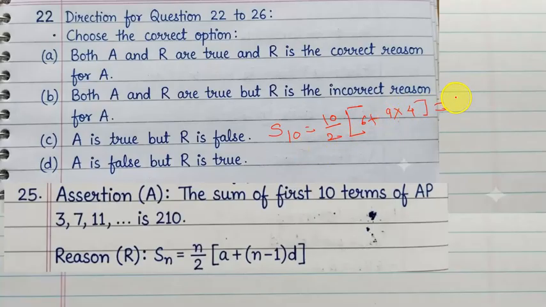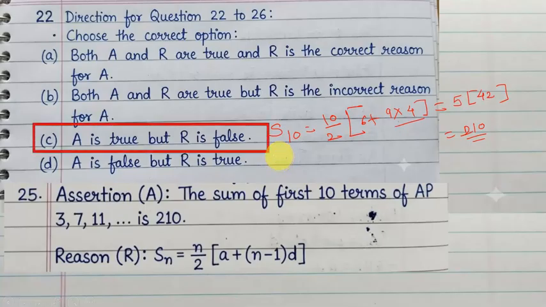And after simplification, 10 upon 2 means 5 into in bracket 9 into 4, 36 plus 6, which is 42. 42 into 5, you will get 210. But what about the formula? The formula must have in bracket 2A plus n minus 1 into D. And hence here A is true, but R is false. Therefore, option C is correct here.